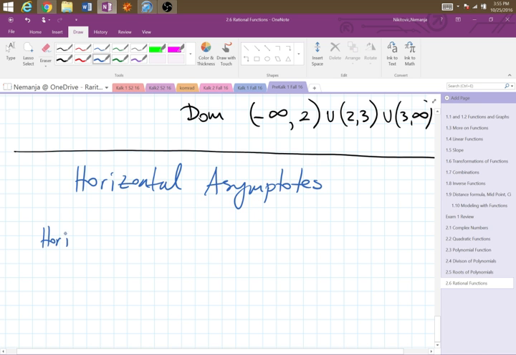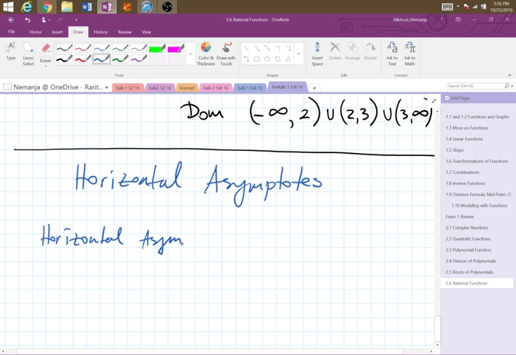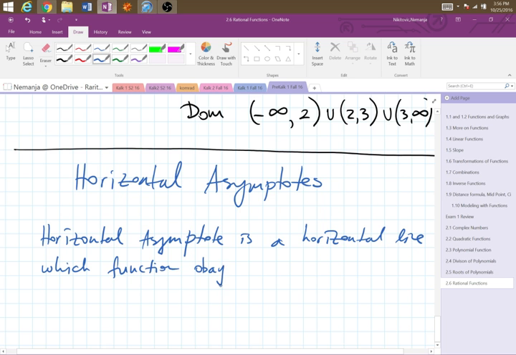So a horizontal asymptote is a horizontal line which the function obeys at infinities.